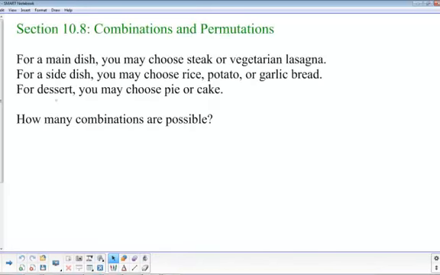Next up is combinations and permutations. So in combinations, order does not matter. And in permutations, order matters.